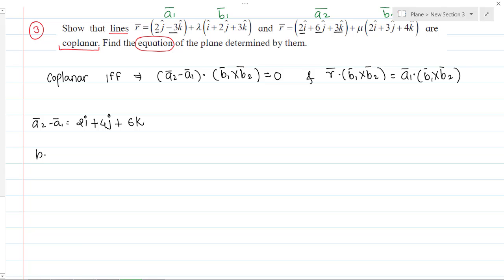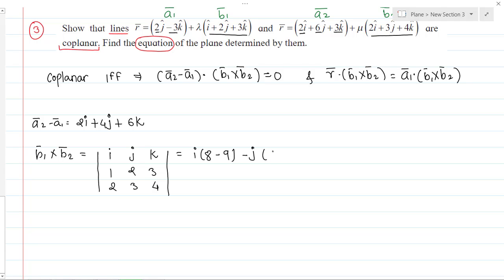Let's find b1 bar cross b2 bar. It equals the determinant of i, j, k; b1 is 1, 2, 3 and b2 is 2, 3, 4. Solving this determinant: i times (8 minus 9), minus j times (4 minus 6), plus k times (3 minus 4), which equals minus i plus 2j minus k.